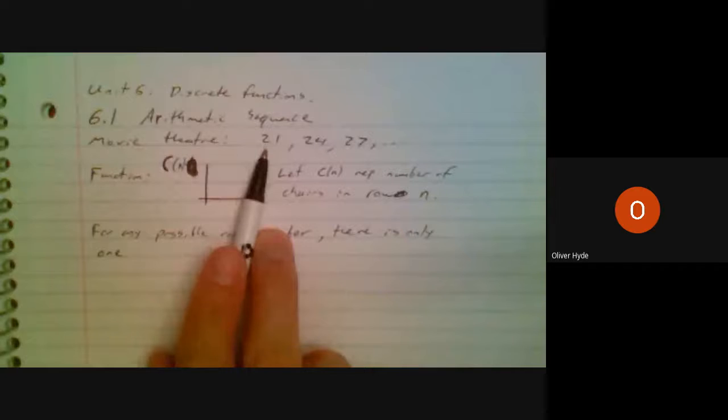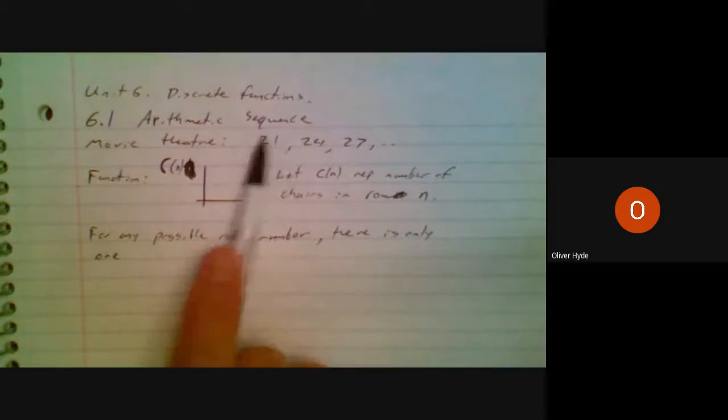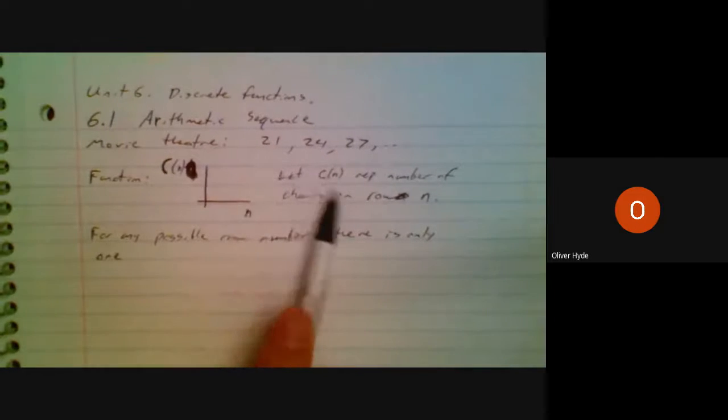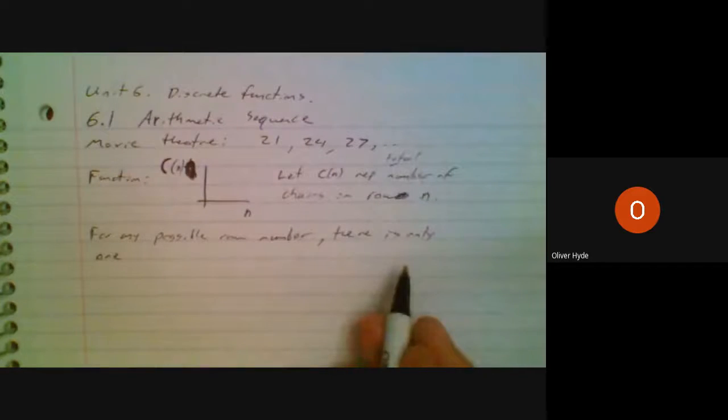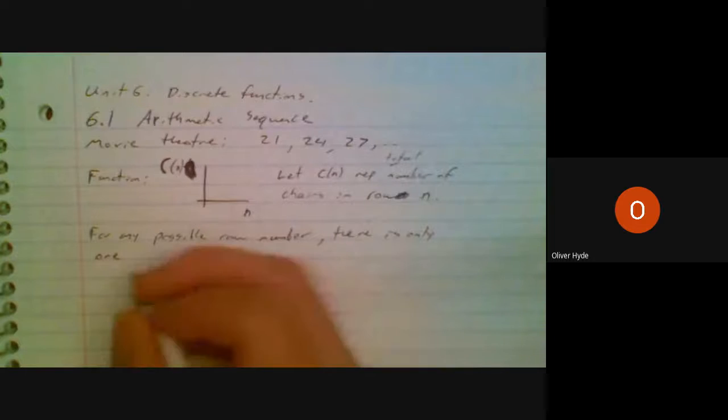An obnoxious person would say yes. If you clarify and say, are there at least 9 seats in row 1, we would say yes. Is there a total of 21 seats or chairs? Maybe I should let this represent the total number of chairs in row n. There is only going to be one total number of chairs. So it must be a function.